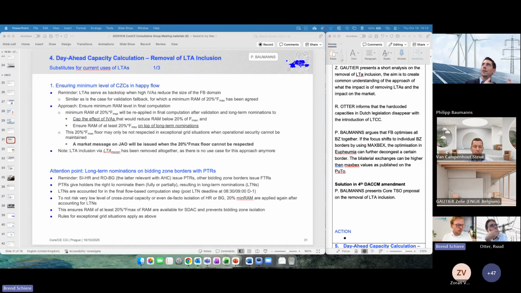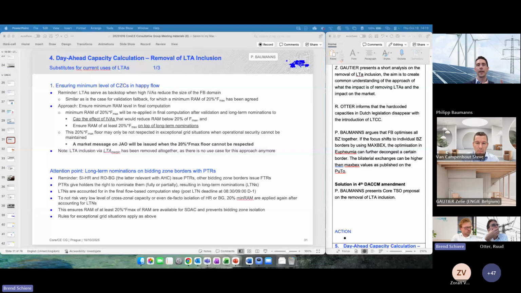So even if the TSO would go below 20% RAM or to 0 RAM, still some capacities would be there because the long-term capacities are there, and that's something that we would agree. Similar as we have the validation fallback today, where we agreed to not go below 20%, but use this value as well as a value.